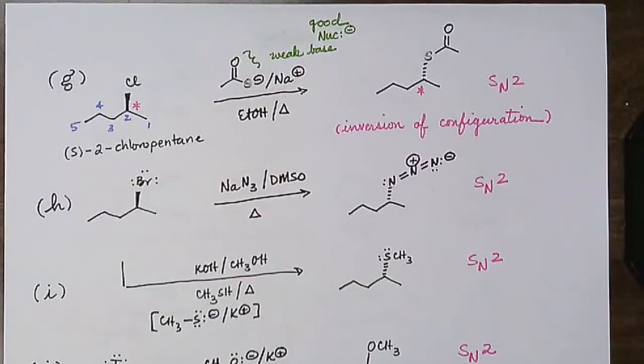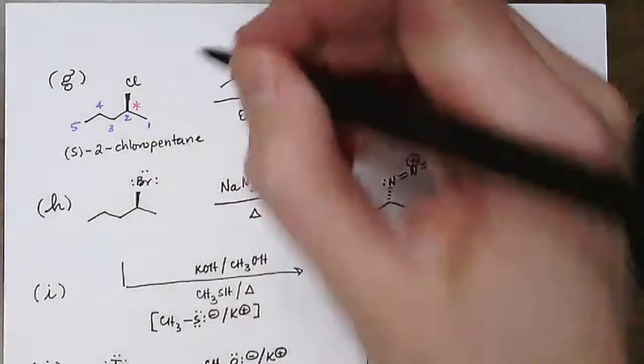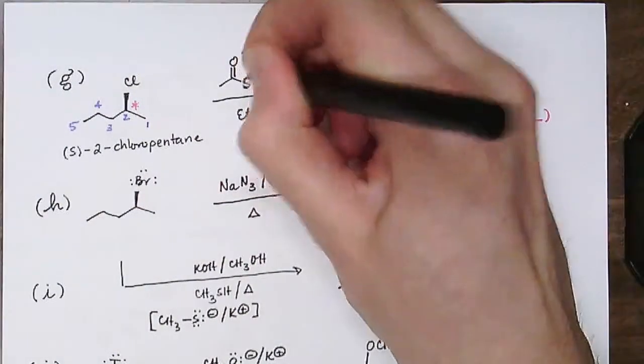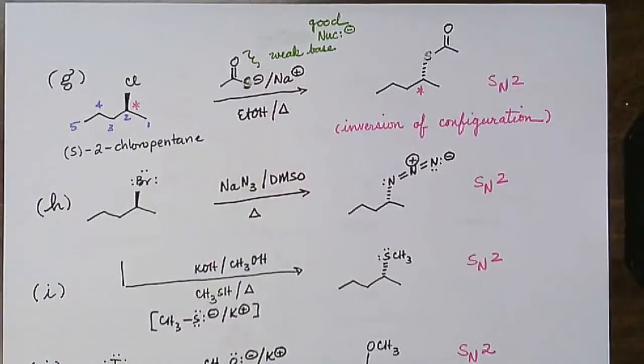Now moving on to secondary alkyl halides, here we have 2-chloropentane, and we're reacting this with a good nucleophile, sodium thioacetate with the negatively charged sulfur atom. And we could also say that this is a weak base, and we're heating this in ethanol as our solvent.